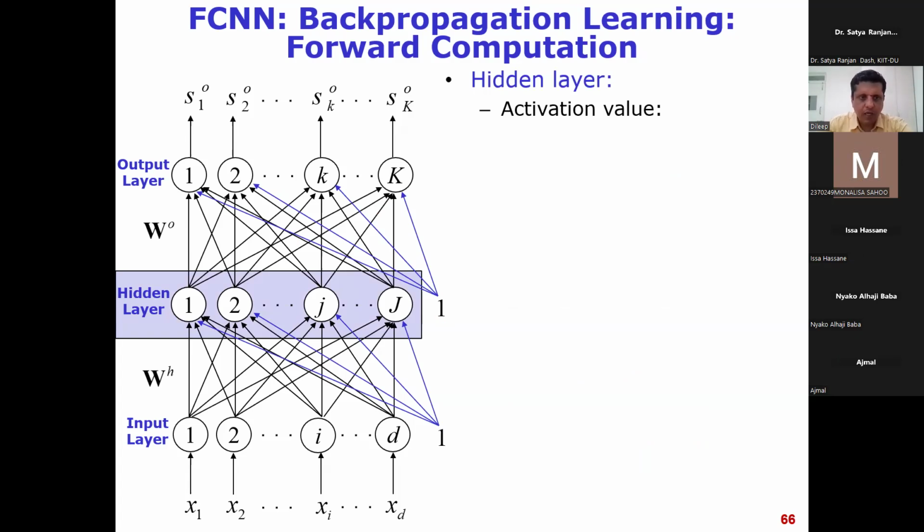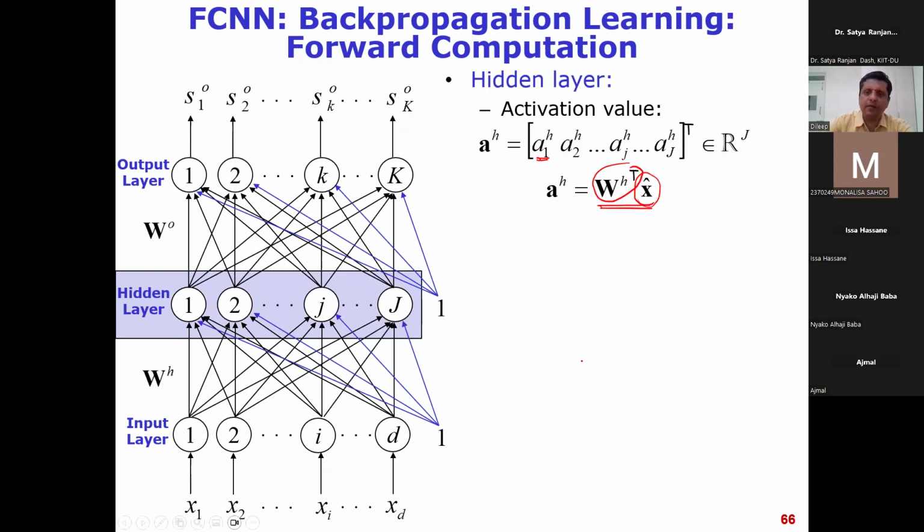Right. So now, if you look at the output of the hidden layer, the activation value you get is the A vector. This A vector is obtained as a weighted sum of each of the inputs. In vector representation, it is the dot product of X, the input vector, with my weight matrix.